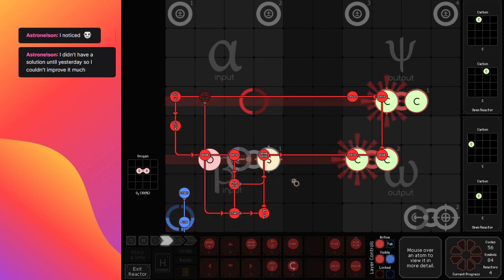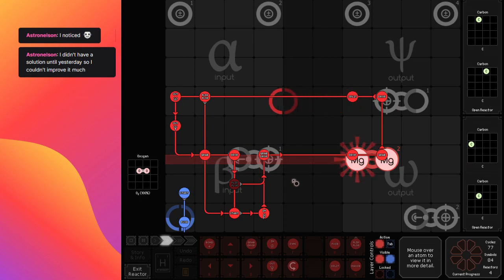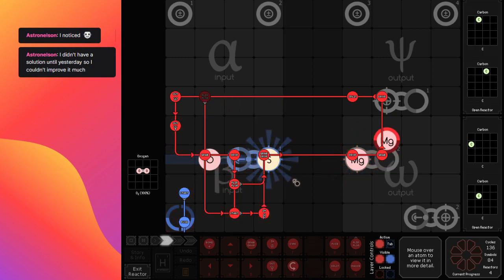Now that is a very clever way of making a lot of carbons in a pretty simple reactor. So what's going on over here is, how do I say this? This is kind of like a 3 count flip-flop.